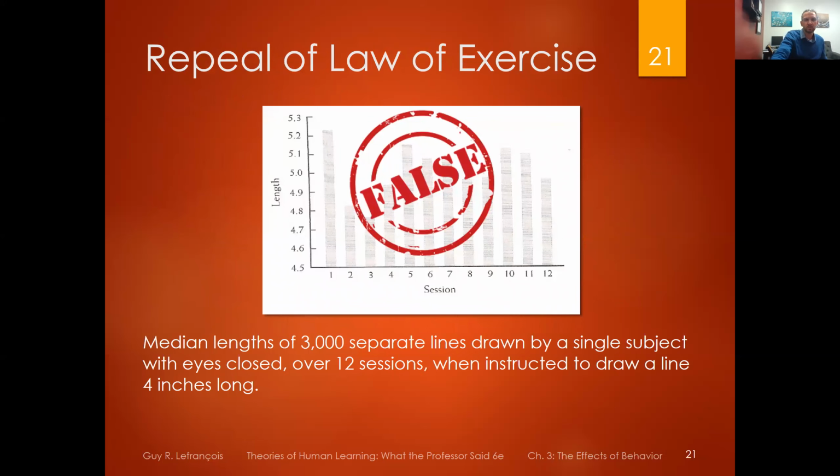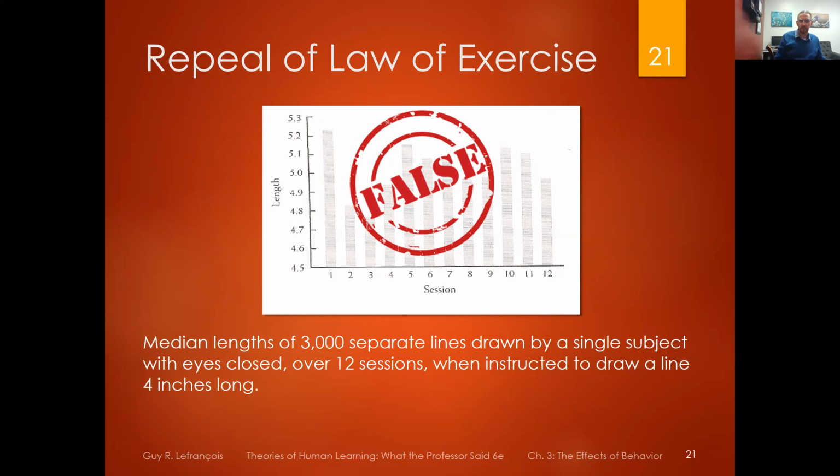Okay, so the first one was repeal of law of exercise. He did a study where people would draw a single line and their eyes were closed throughout the process. When your eyes are closed, you don't have any consequence. You'll do these little short lines, but you don't necessarily know how long of a line you're drawing, and you can't compare them. So you have no feedback on your performance.